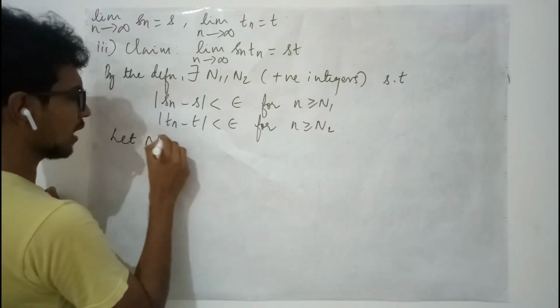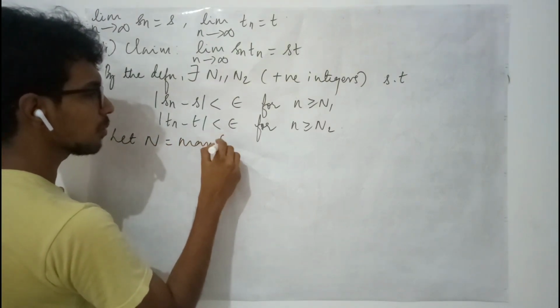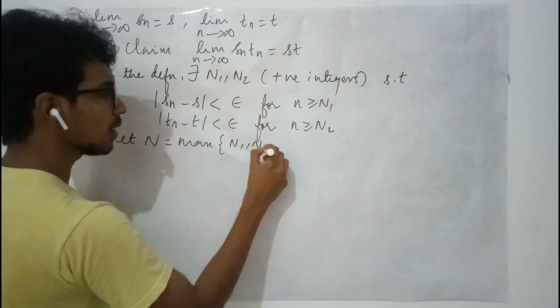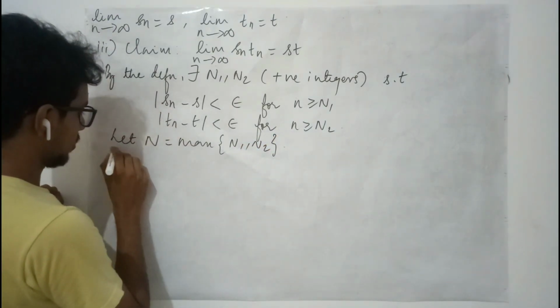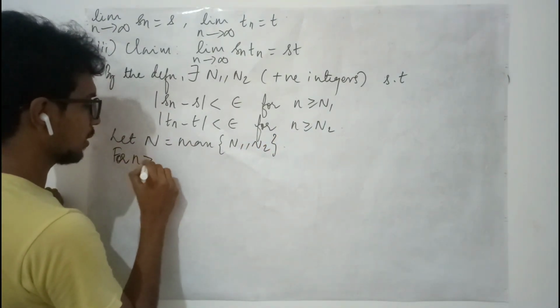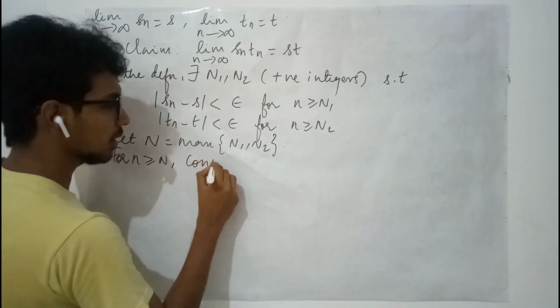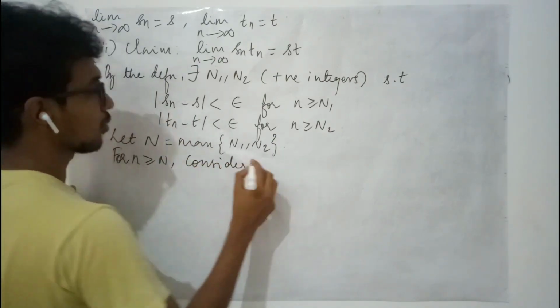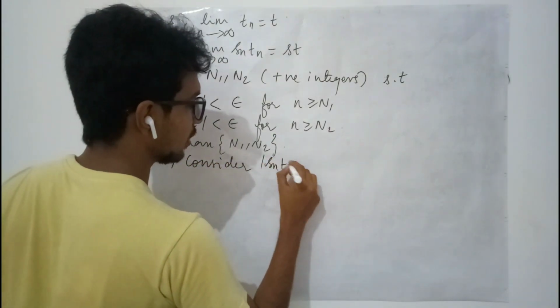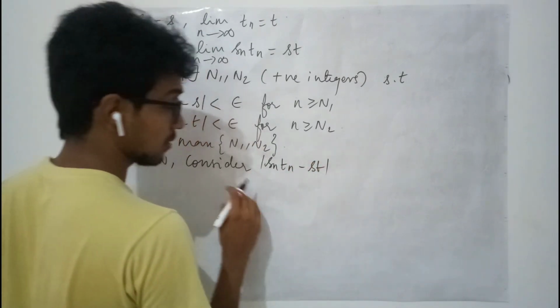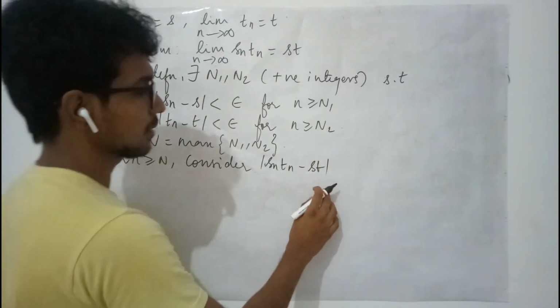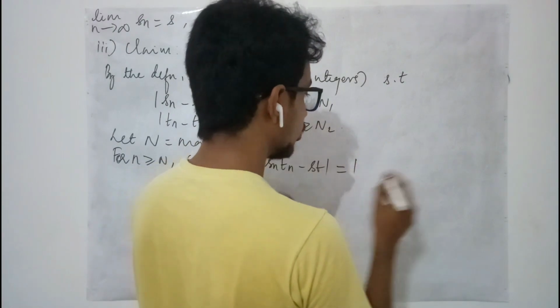Let us take N to be the maximum of n1 and n2, and for n bigger than or equal to N, consider the requirement, that is the absolute value of SnTn minus ST. What is it going to be?